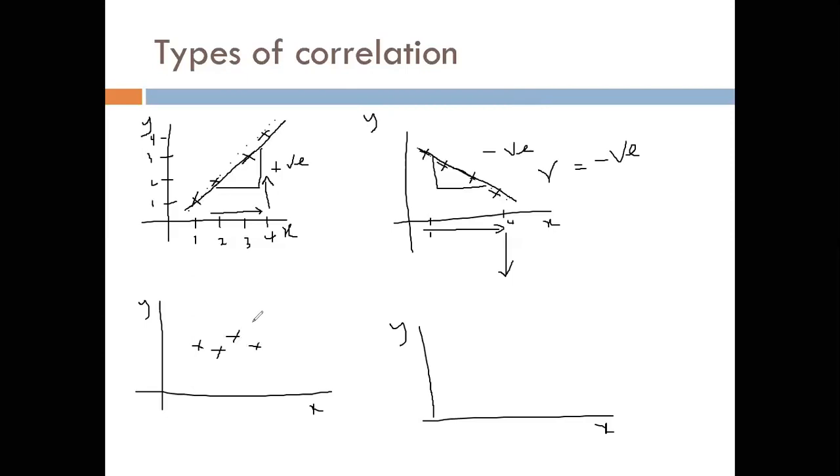So the more dispersed the points are from the line of best fit, the weaker the correlation will be. So if you have data sets like this, your R here will be less than the R value in the first case, figure 1, because these points are very close to the straight line compared to this other one.